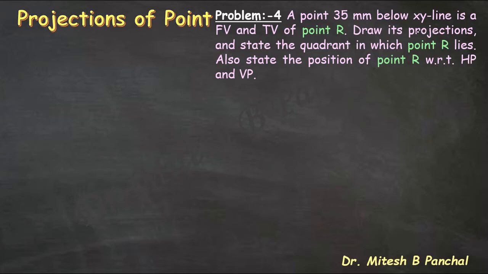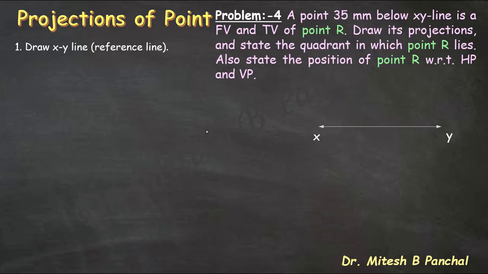That single point is nothing but the front view and top view of point R. Means R dash and R, front view and top view, is the same point which is 35 mm below XY line. Draw its projection and state the quadrant in which point R lies, and also state the position of point R with respect to HP and VP.